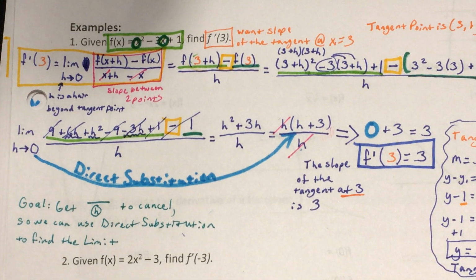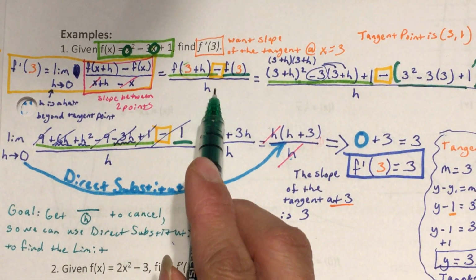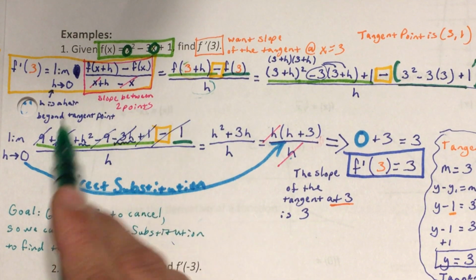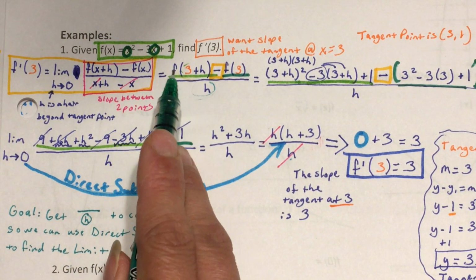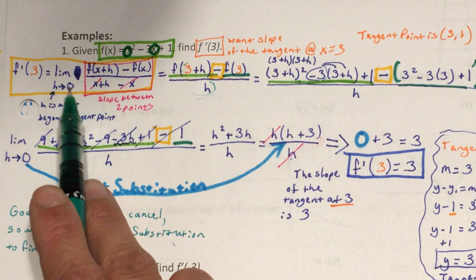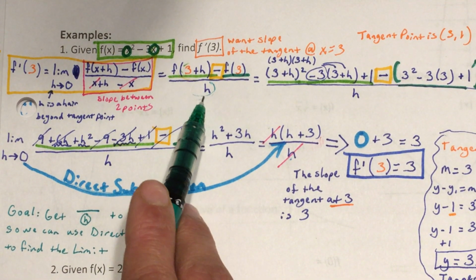So after we have plugged everything in, our goal from the very beginning is to get rid of that h in the denominator, because until we get rid of this h, until we are able to factor and cancel it out with something on the top, I'm not going to be able to evaluate this limit because I'm not going to be able to plug in the 0 for that h.